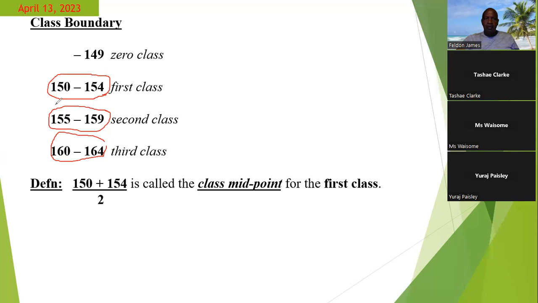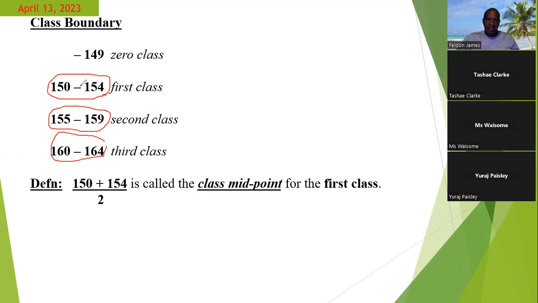Yes, sir. But the boundary now would be the closest value between the two of them. So if you look at 154, which is where the first class ends, and you look at 155, which is where the second class begins, the middle number between 154 and 155 would be the boundary that separates the two classes. You get what I'm saying? Yes, sir.